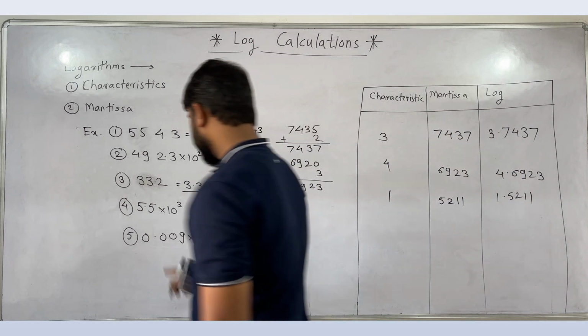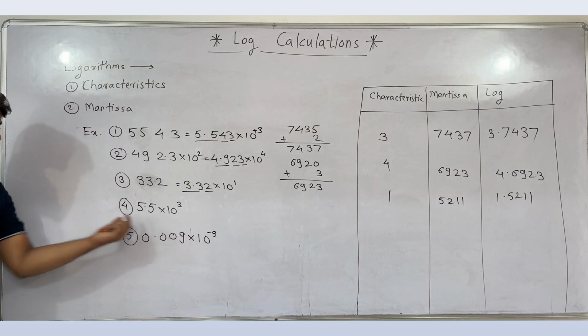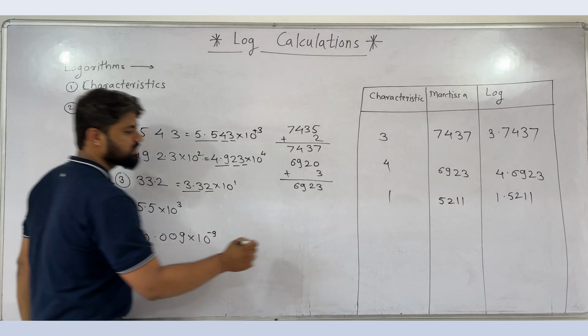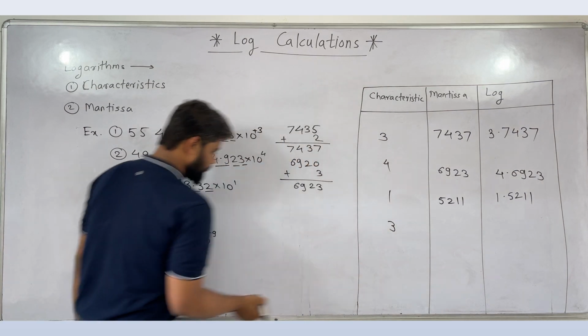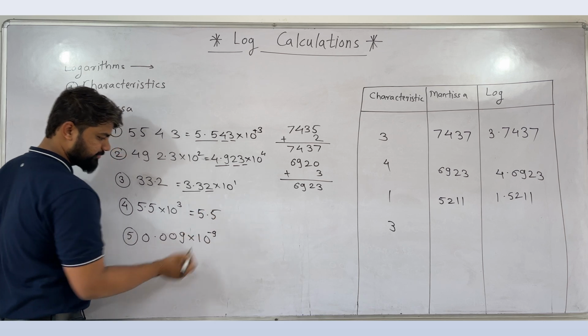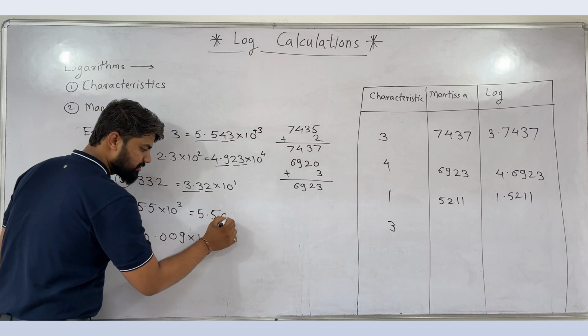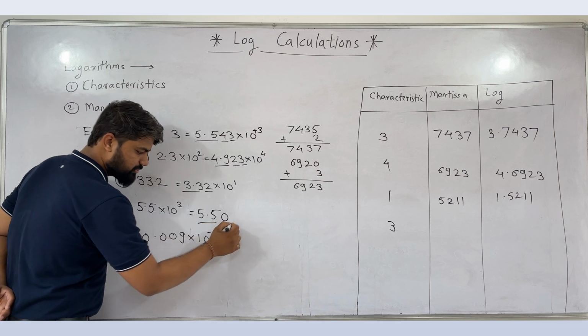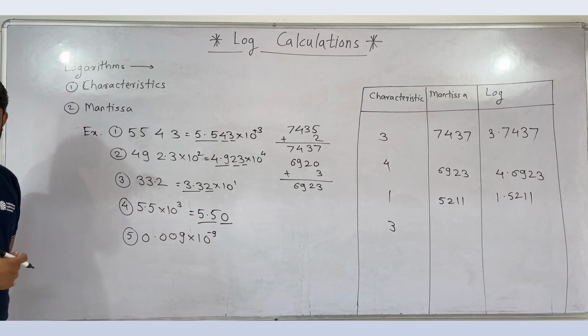Next, in case of this, we don't have to shift anything. So this 3 as it is becomes its characteristic. But what about mantissa? We only have 2 digits, 5.5. So we can write 0 after it, and this becomes 55 and 0. We don't need the 4th digit in this case also.